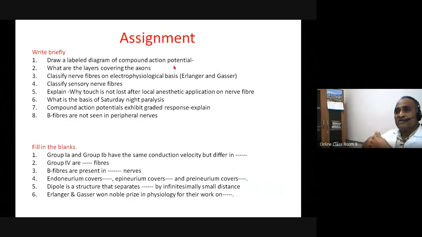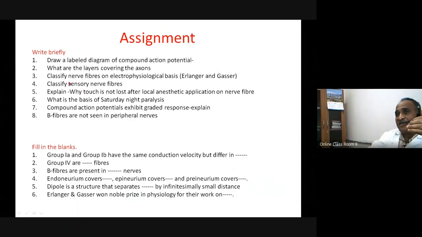To know what you have understood. Draw a labeled diagram of the compound action potential. That's one. Now mention the layers covering the axons. Classify the nerve fibers on electrophysiological basis as recorded by the compound action potential, like the Erlanger Gasser classification.